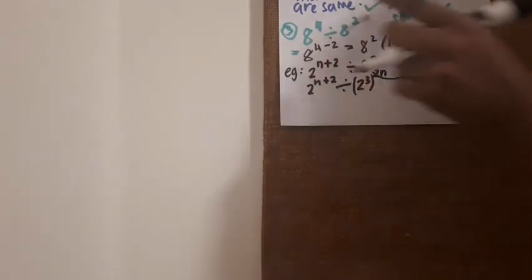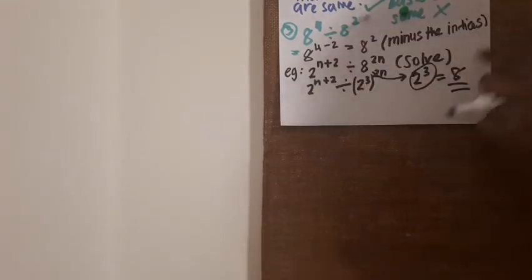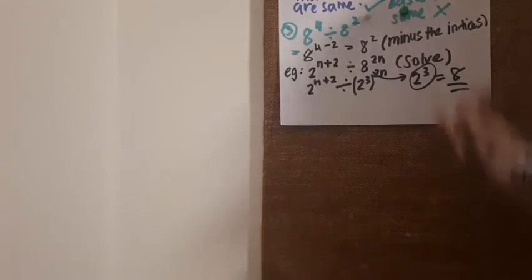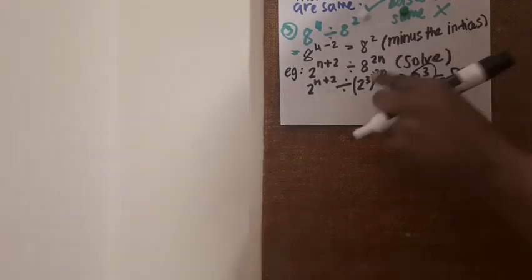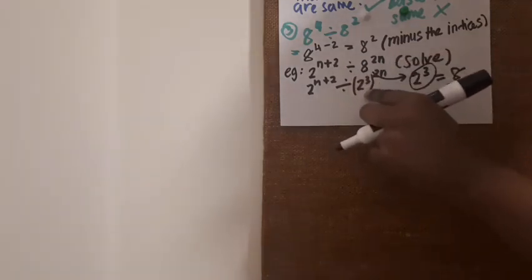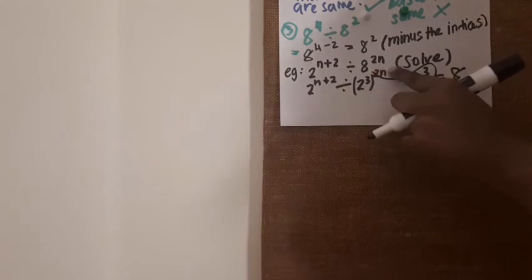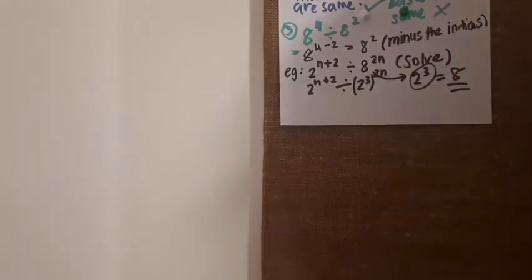You can't change 2 to 8, okay, but you can change 8 to 2. So 8 is actually similar to 2 to the power of 3. How to know? Try to calculate mentally. 2 to the power of 1 is 2. 2 to the power of 2 is 4. But 2 to the power of 3 is 8. So then you enter it in the bracket. Then times power it with the 2n which is outside it.